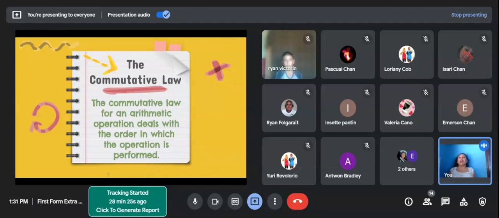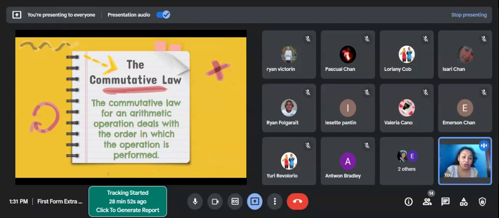Commutative. Have you heard when they say you are commuting, you are traveling? Commutative is like traveling and changing and moving. So when you think about commutative law, you have numbers that are moving their places, switching places, moving from one place to another.